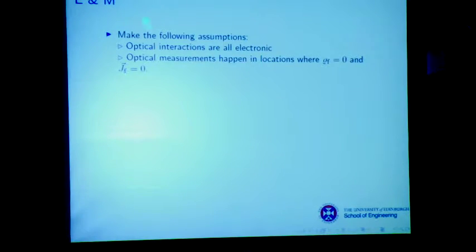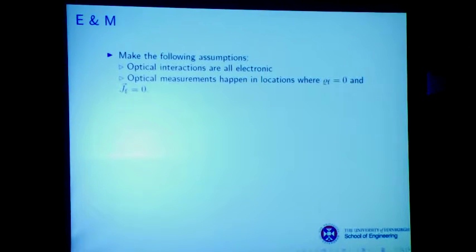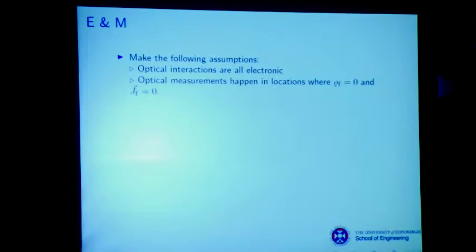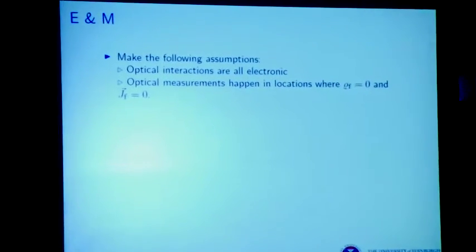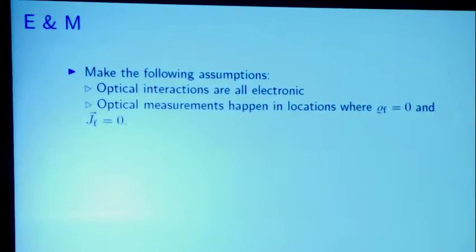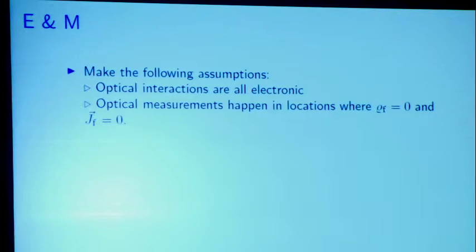We're going to make the assumption that the optical interactions are all electronic, and that's typically what we do. Sometimes you'll hear about people doing spectroscopy on a forbidden transition, but it's a very weak thing. Sometimes there's actually a magnetic monopole that they're taking advantage of, so very rarely there's actually a magnetic interaction, but that's very rare.